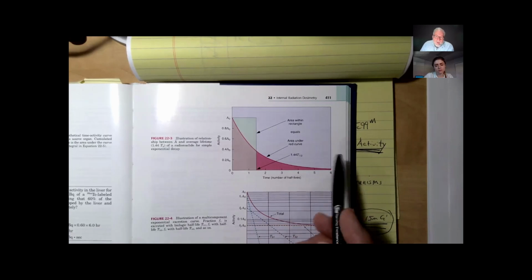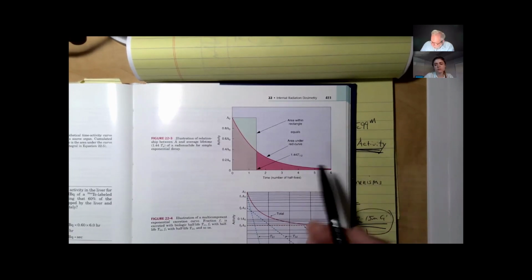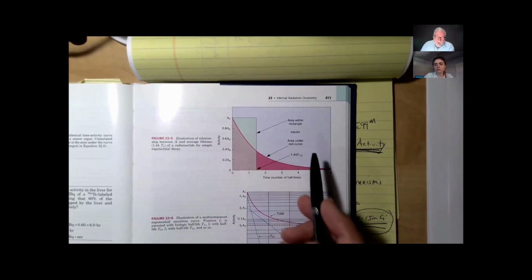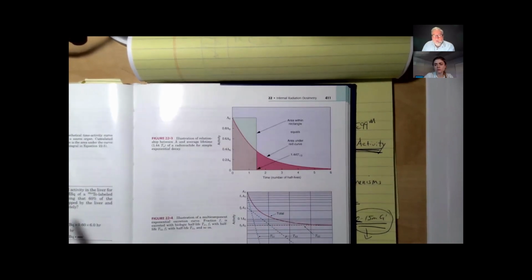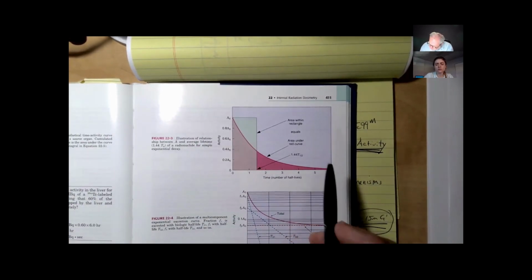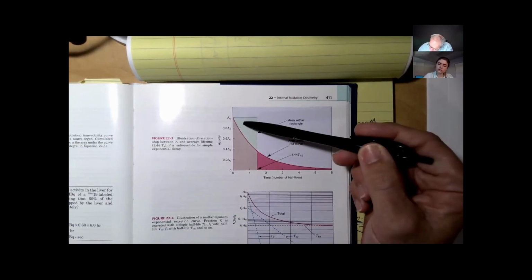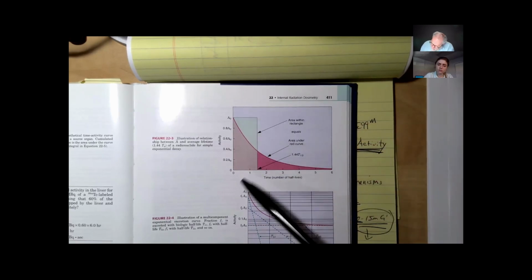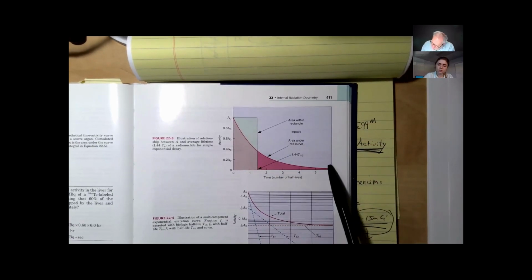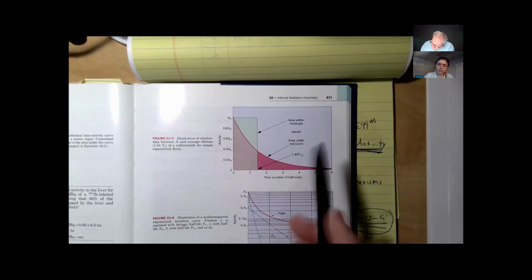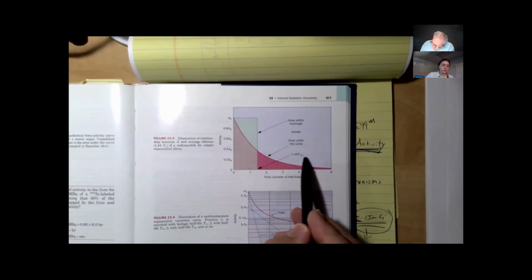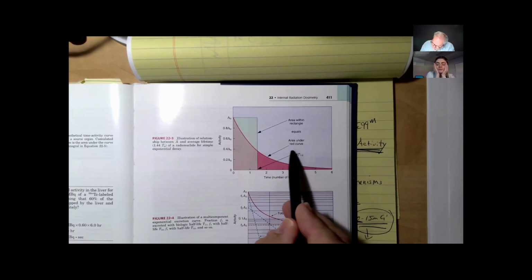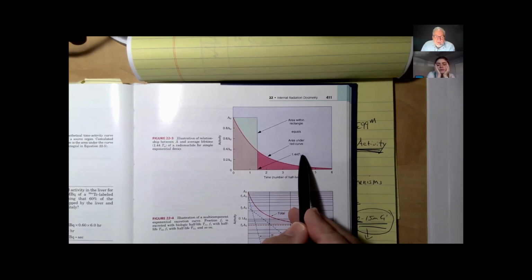This could be the effective half-life, depending on which is longer, the biological or the physical. The area within this rectangle is equal to the area under this curve. So the mean or average lifetime is equal to 1.44 times, in this case, the physical half-life.